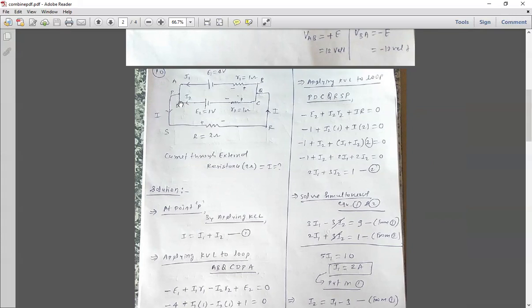I am moving this way. You can move clockwise or anti-clockwise also, the answer will come the same. So what is the name I have written? P D C Q R S P.